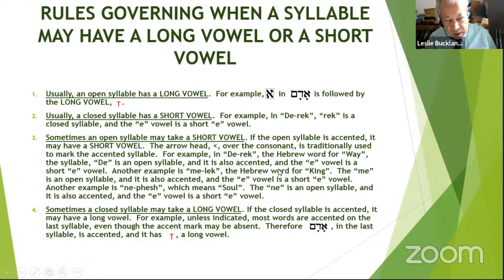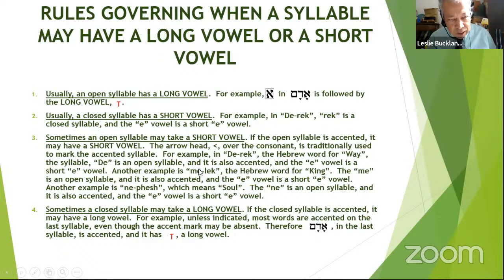This Hebrew word means king in English. The me, melek, segol, is an open syllable and it is also accented. So you'd have the accent right here over this syllable, the arrowhead. Normally the accent would be on the last syllable, but if it is on a syllable other than the last syllable, that other syllable will have that special accent mark.